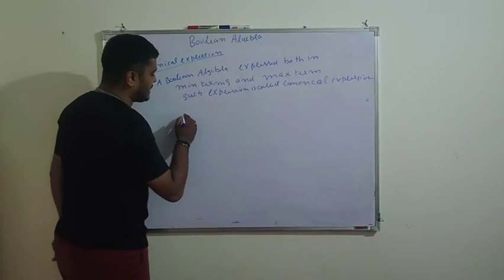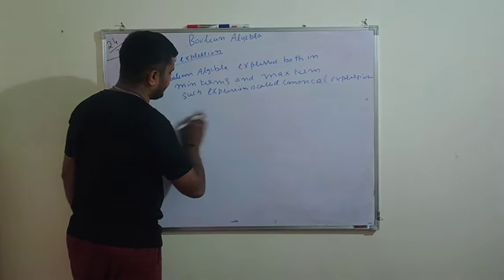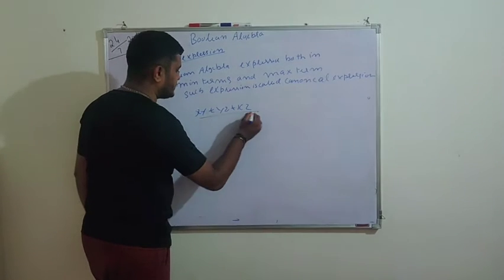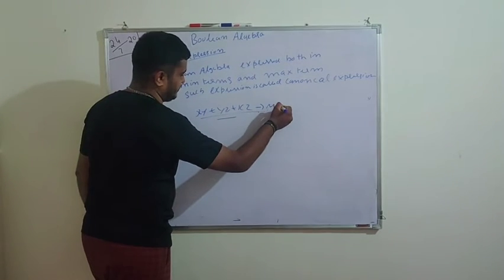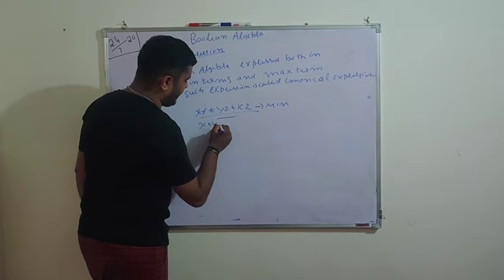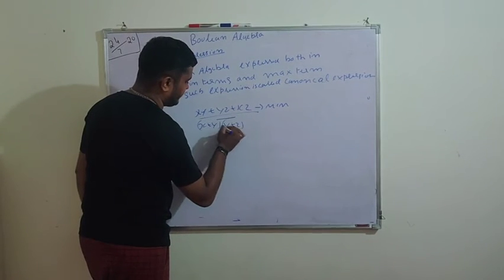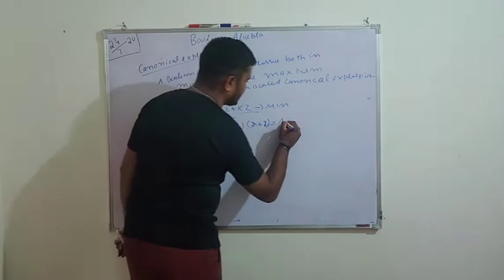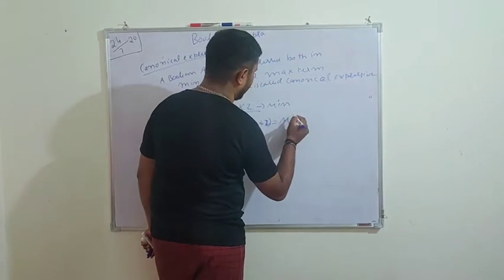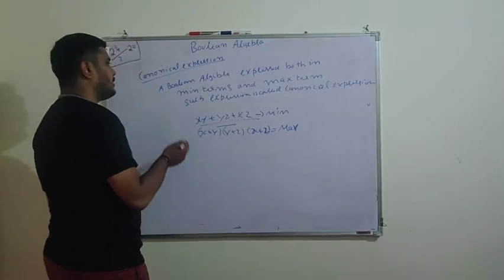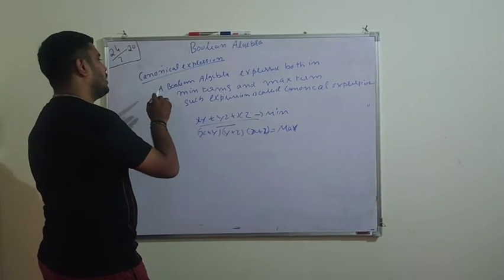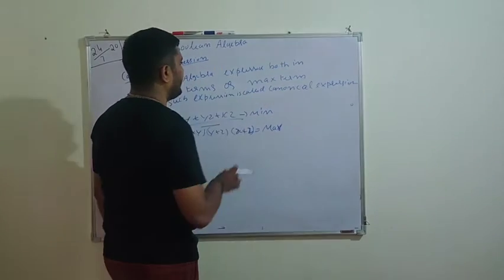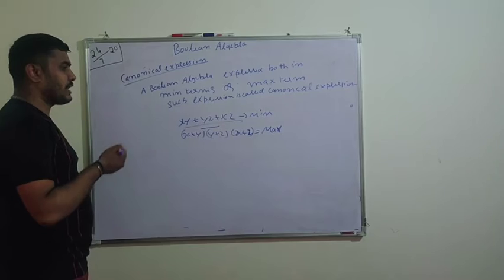For example, xy plus yz plus xz is a min term form, while x plus y plus z, x plus z is a max term. A Boolean algebra expressed in min terms or max terms is called a canonical expression.